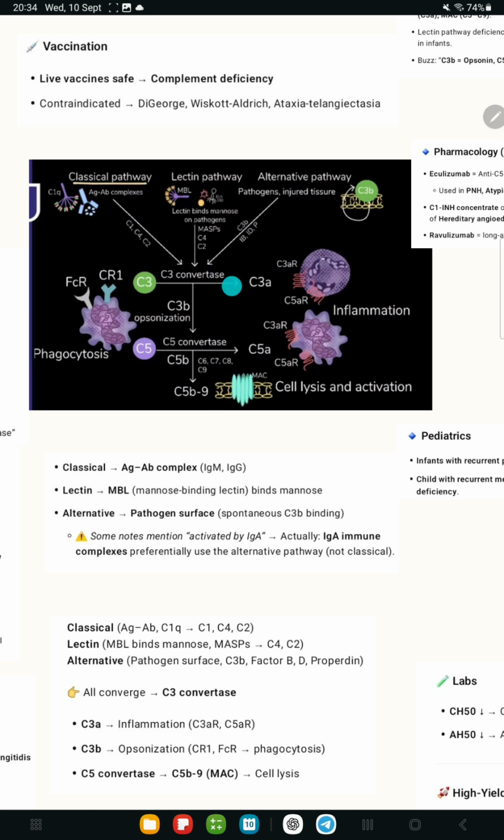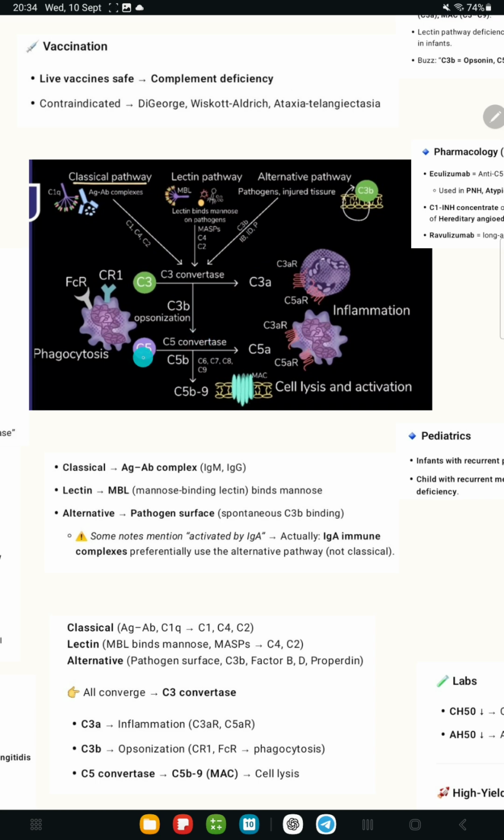Now after this, C3 will be converted into C3a and C3b with the help of C3 convertase. So we'll learn what C3a and C3b are. C3a is an anaphylatoxin, and C3b is an opsonin. So we'll remember C3b, "बढ़िया खाना" (tasty food, as a mnemonic for opsonin). A is anaphylatoxin.